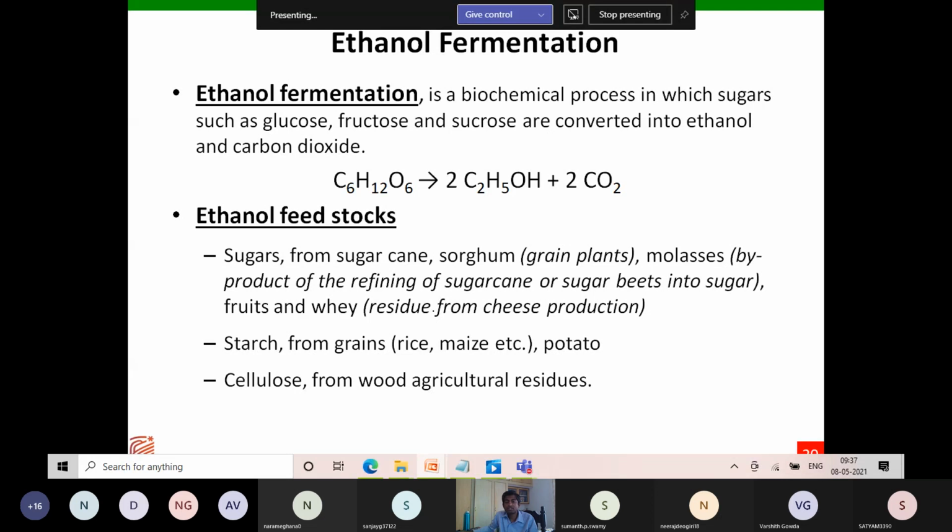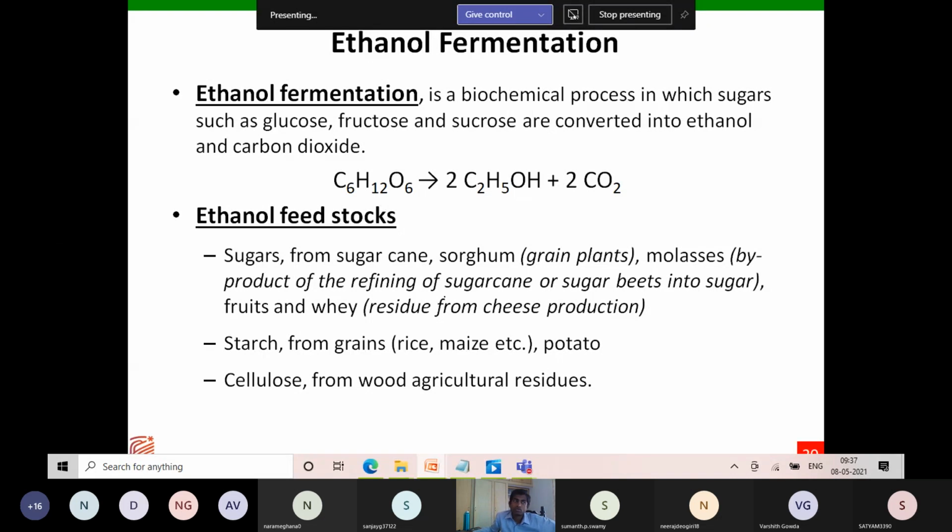They are supplied as the feedstock, the raw material, or the product whey residue which is obtained from cheese production. All this forms the feedstock or the raw material which helps in the production of ethyl alcohol or ethanol.